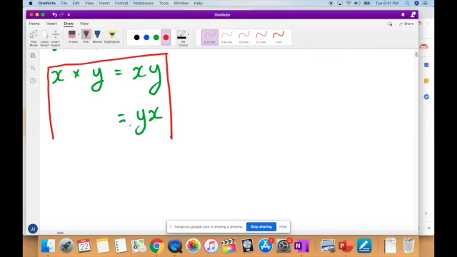It's commutative. Yes, this is the general rule that multiplication is commutative.